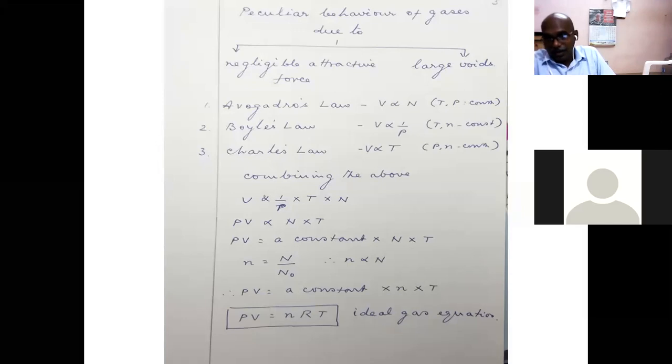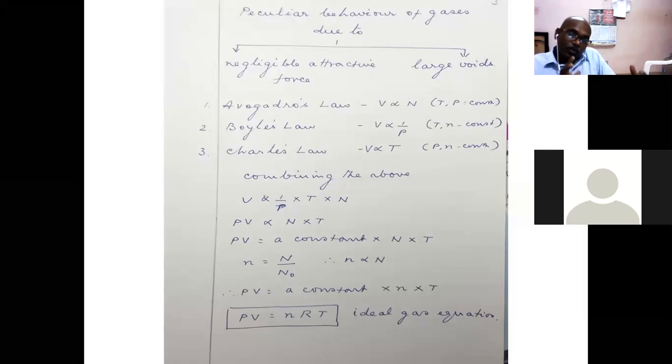The second one is Boyle's law. According to Boyle's law, volume and pressure are inversely related when the number of moles of gas and temperature are maintained constant. Suppose you take a balloon and you are compressing the balloon. When you compress, volume decreases, therefore pressure increases.